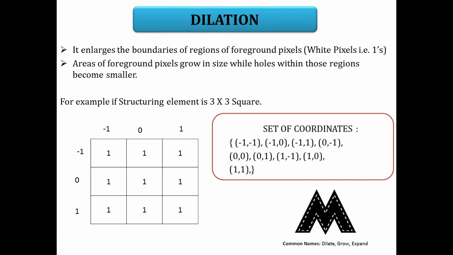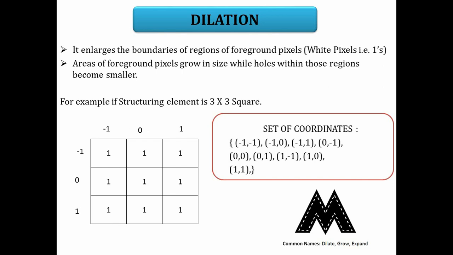So we are going to start with a new morphological operator, that is dilation. Dilation is basically used to enlarge the boundary regions of a foreground pixel, where we have already studied that foreground is nothing but ones. Areas of foreground pixels grow in size while holes within those regions become smaller.